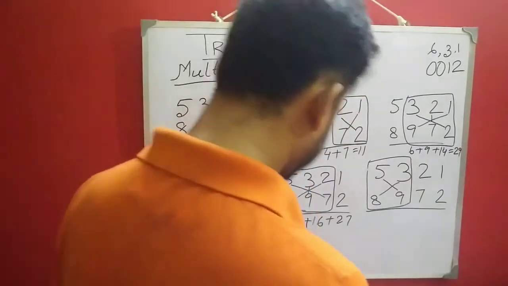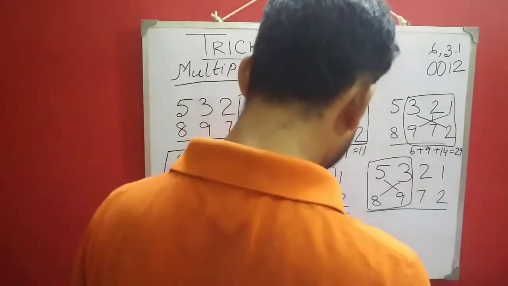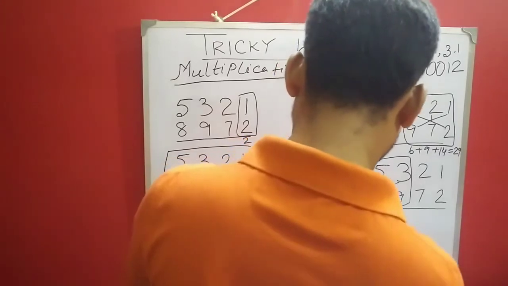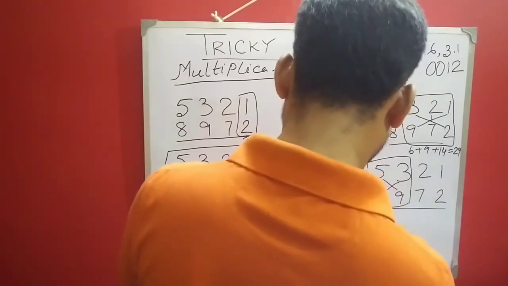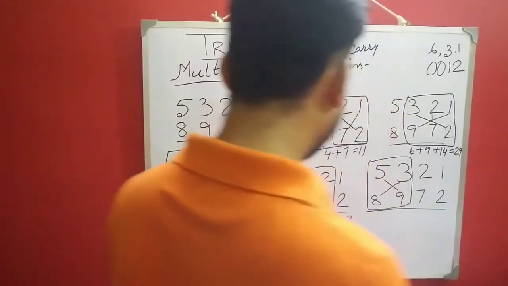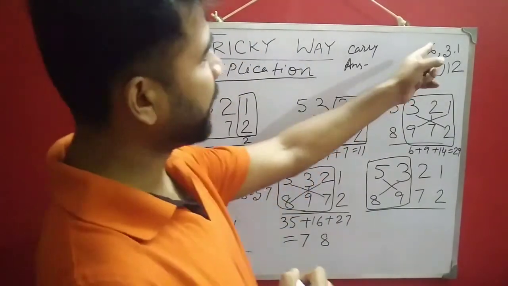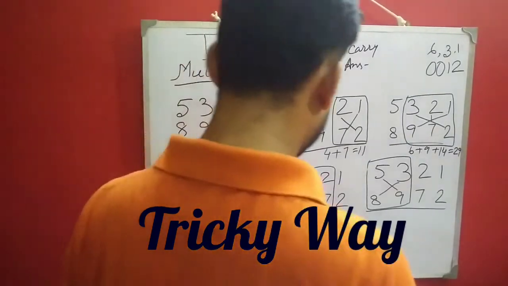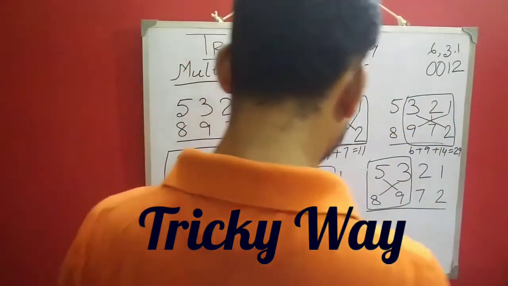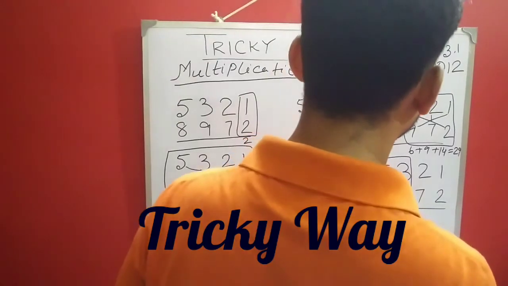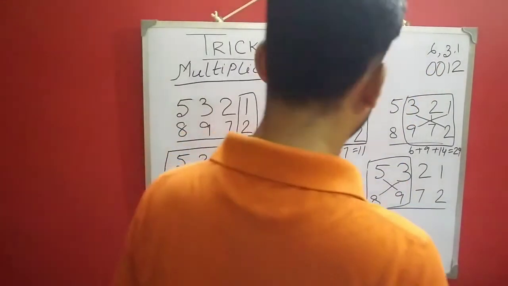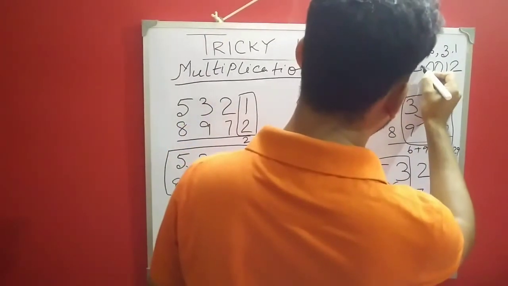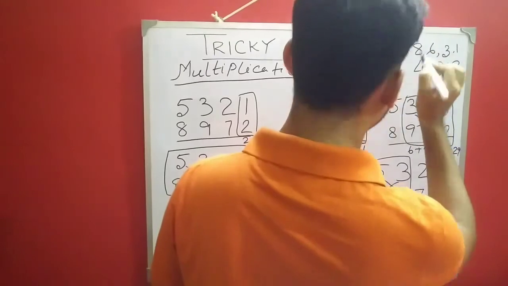It is 78. And we have carry 6. 78 plus 6 equal to 84. Answer 4 and carry 8.